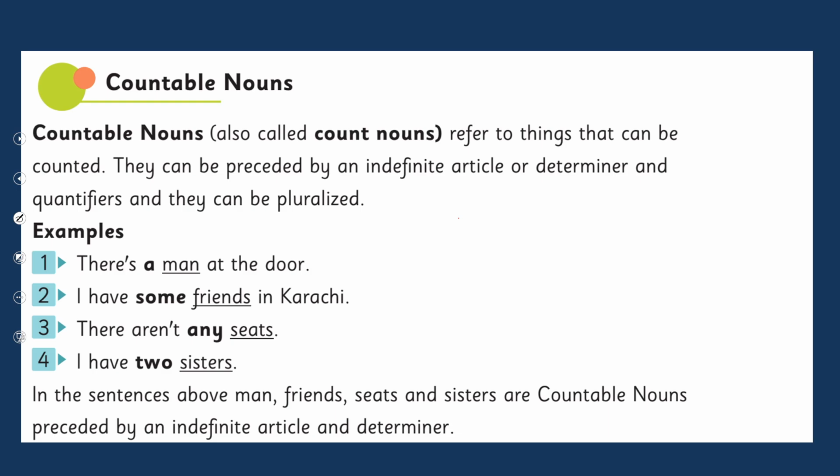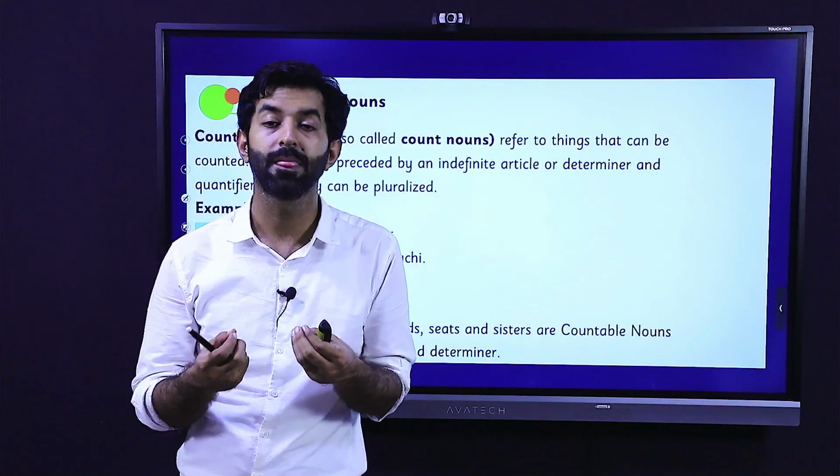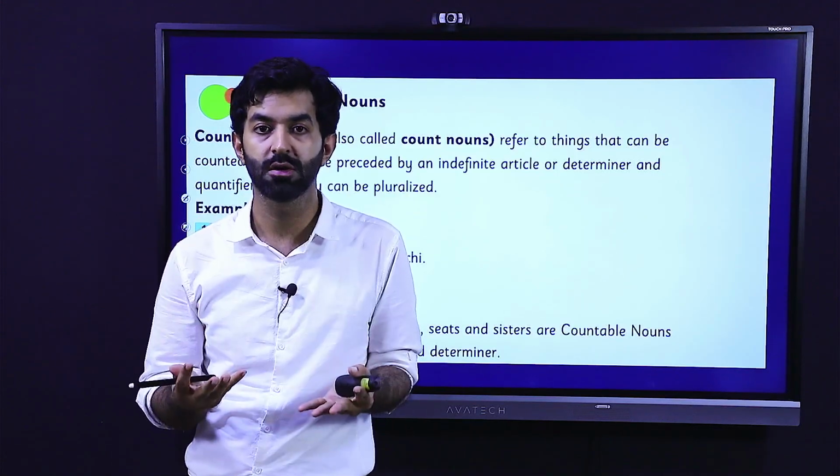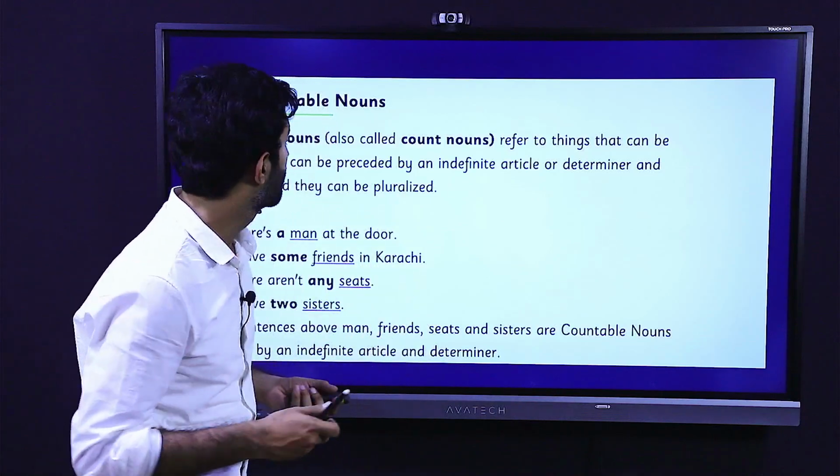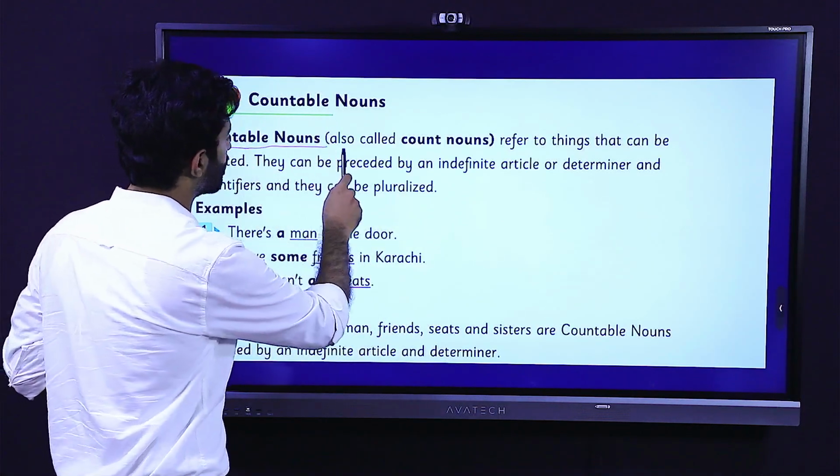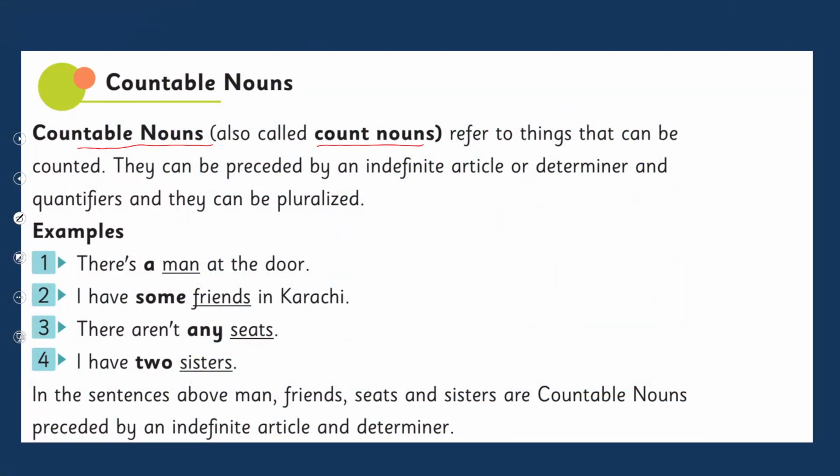All right. Countable nouns, dear students, as suggested by the name, are the nouns that you can count easily. Countable nouns are also called count nouns. They refer to things that can be counted.